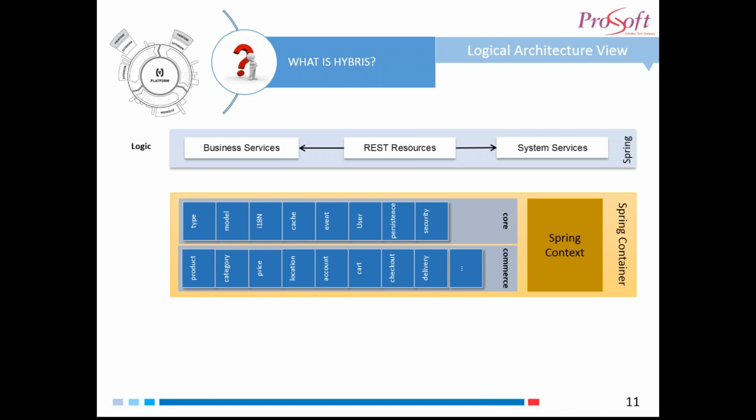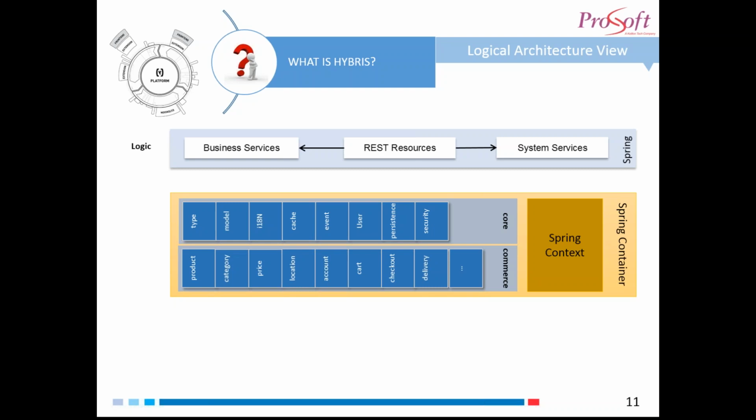As I spoke earlier, our core extension defines what a type is, what a model is, internationalization, caching, eventing, user security, all those kinds of things. As we know, this is dependent on the Spring framework, so all of these units are actually Spring beans within this logic tier.